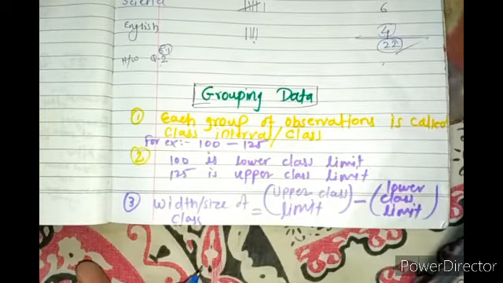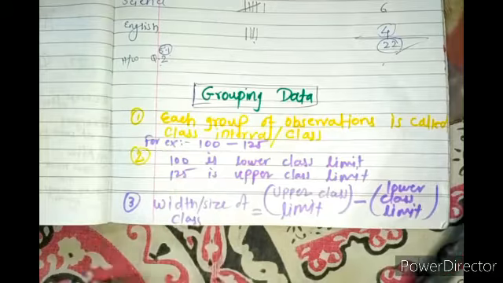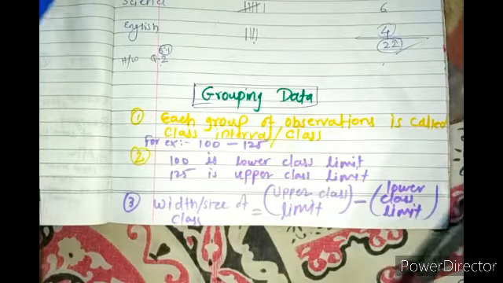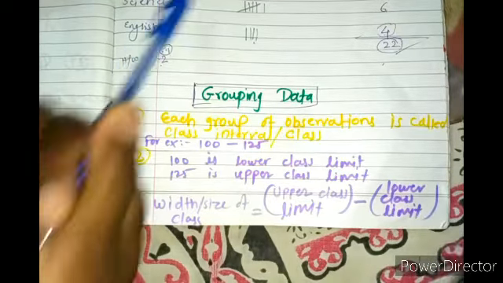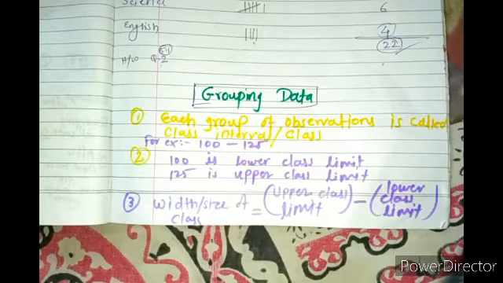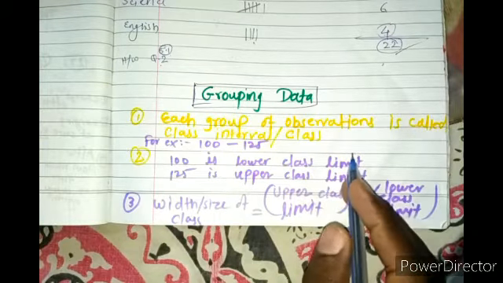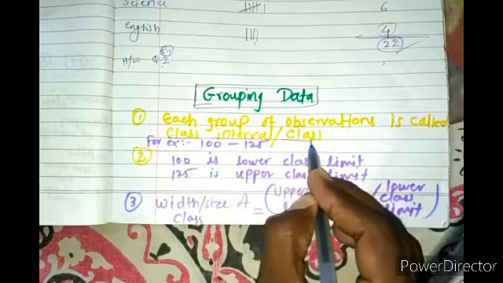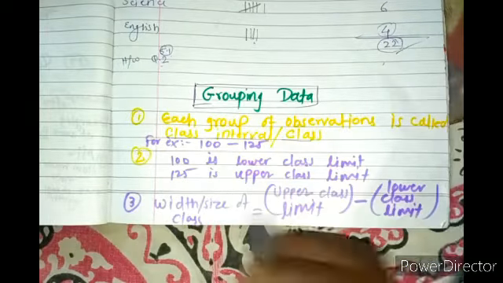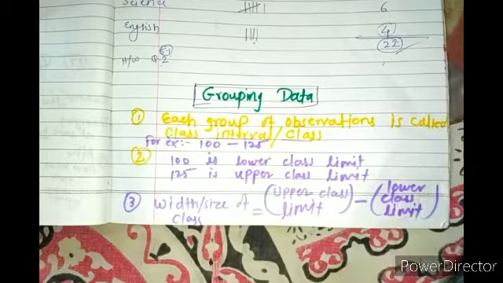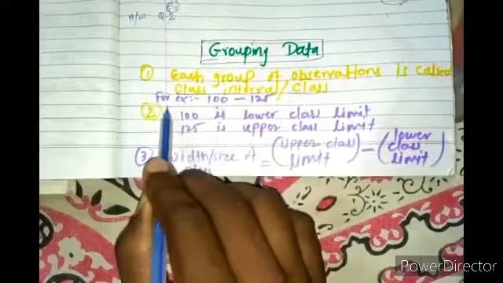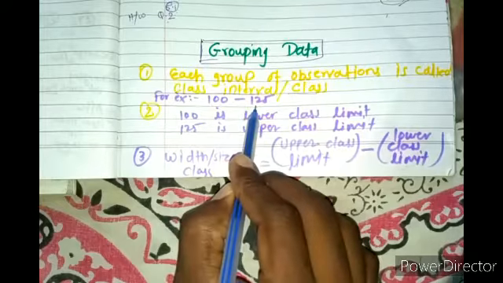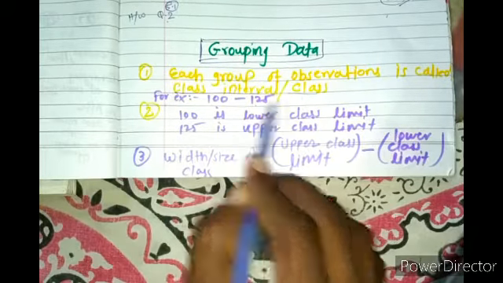Now after the frequency distribution table, our next topic is how to group data. If you are not grouping the data, we can go into lengthy work. If you are grouping the data, then that grouping of data is going to make class intervals, right? Each group is known as a class interval or a class, and in that group many entries will come. For example, suppose 100 to 125 is a class interval or a class.